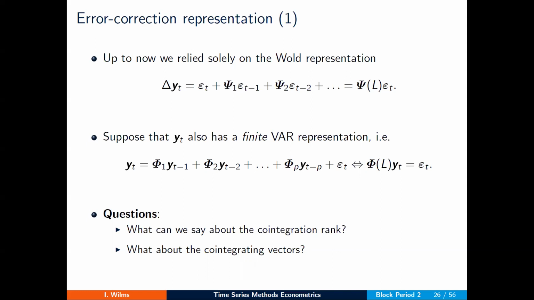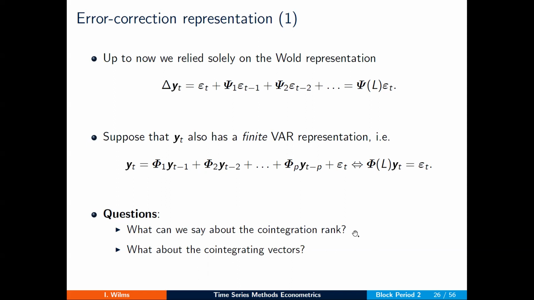So while you can freely move between Phillips and Stock and Watson, you need to rely on an additional assumption, this one over here, for the error correction representation. And so if yt has a finite VAR representation, we can write it like this, where I introduce a new lag polynomial Phi(L) this time for compact notation.